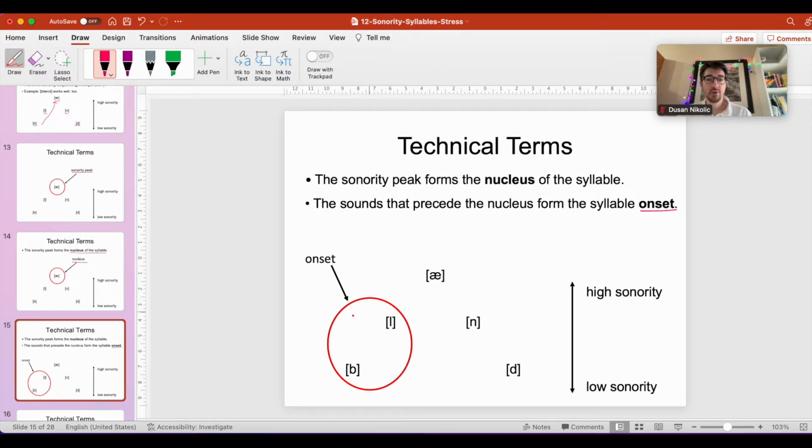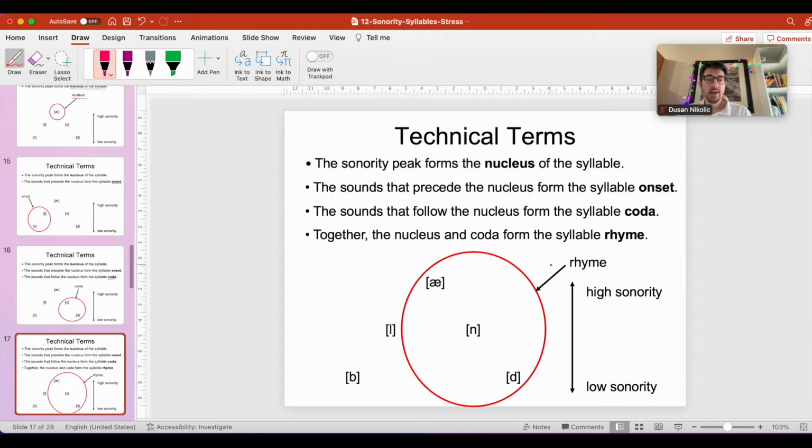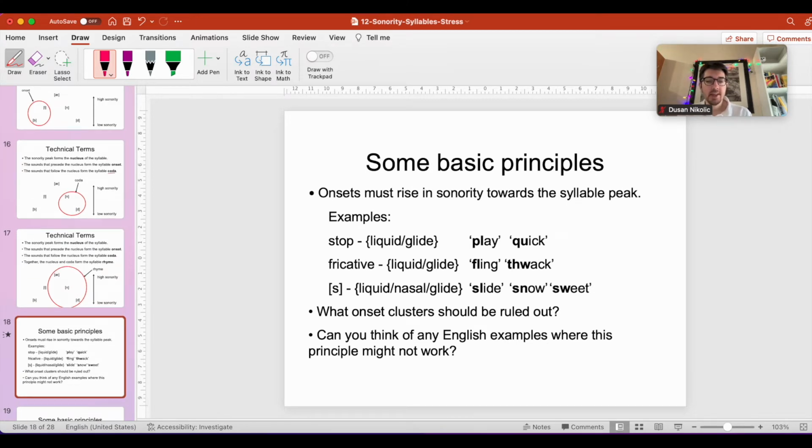So this whole thing is an onset. And the last two sounds are called the coda. Coda follows the nucleus, and onset precedes the nucleus. And lastly, the nucleus plus coda make a rhyme. This is important for some phonological reasons, which we won't get into right now.